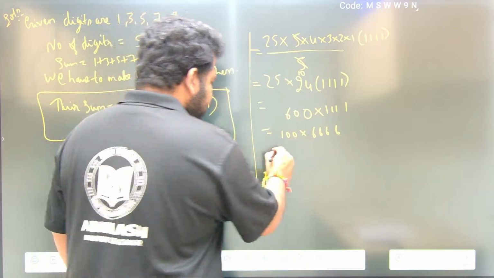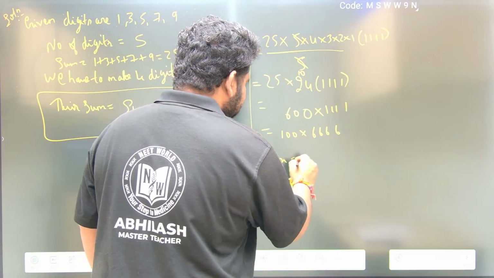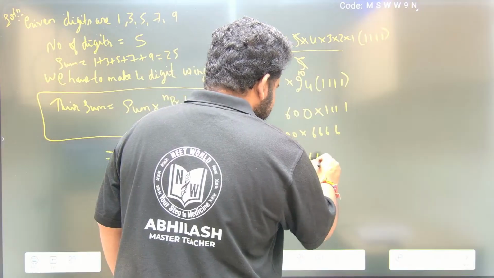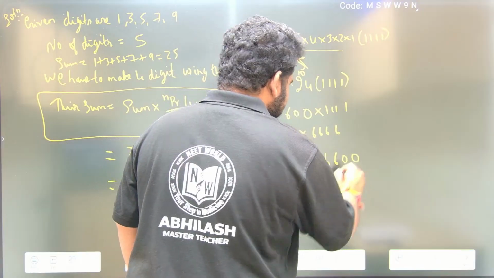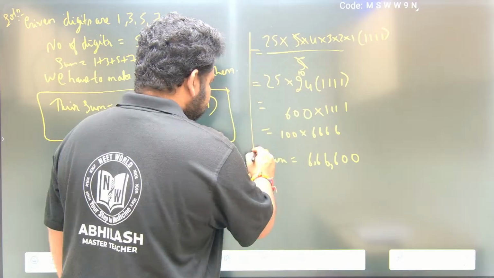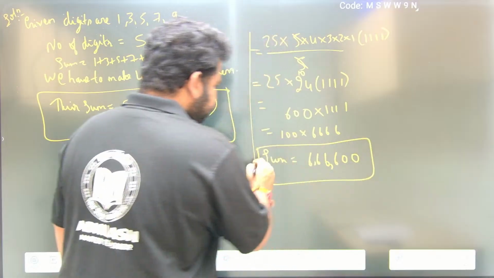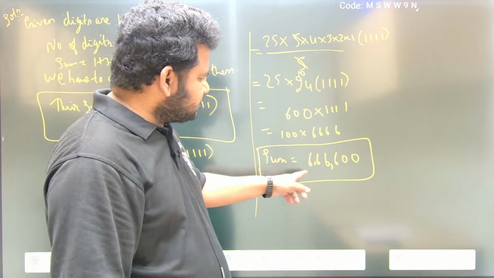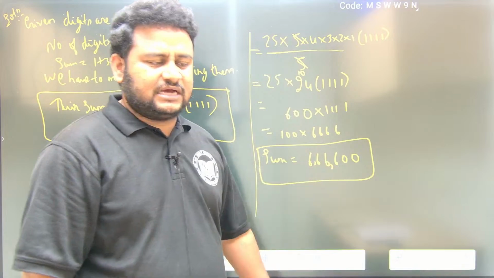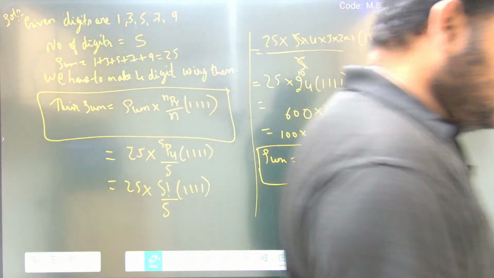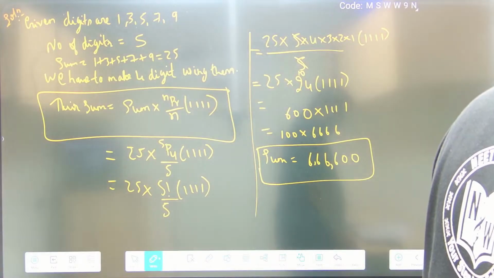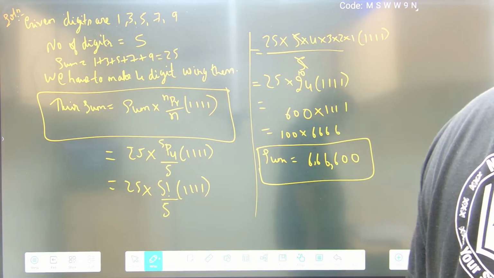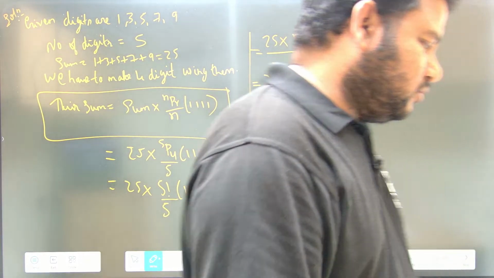So the sum will be equal to 600 into 1111, that is 6, 6, 6, 6 followed by 2 zeros. So this will be the sum: 6,66,600. That is the answer, friends. That will be the answer.